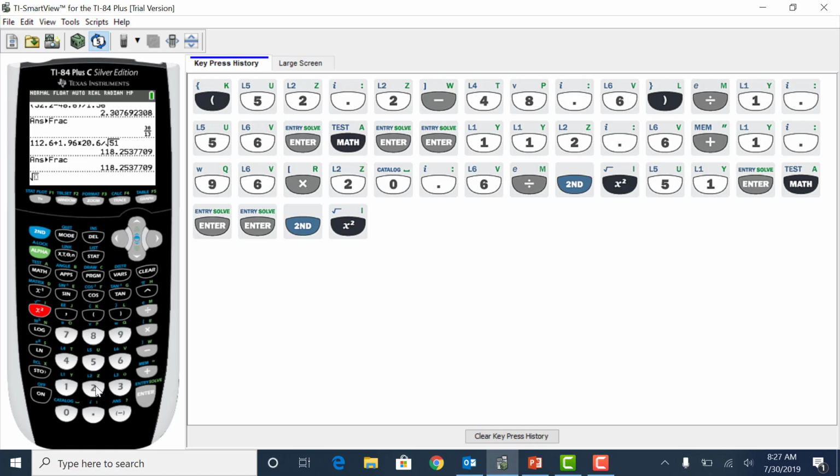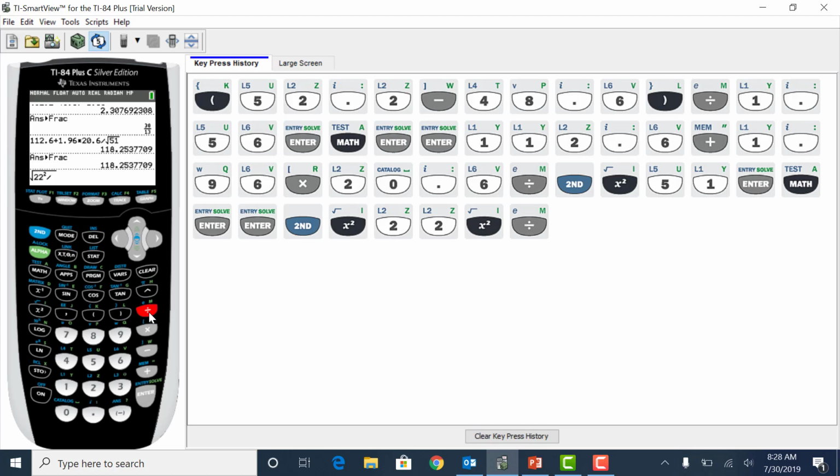So our first fraction is 22, and then I'm going to hit this squared key, so 22 squared, and then I'm going to hit my divide key, and then 56. Then we're going to add, and then I'll type in the second fraction, 20, then hit my squared key again, and then divided by 46.